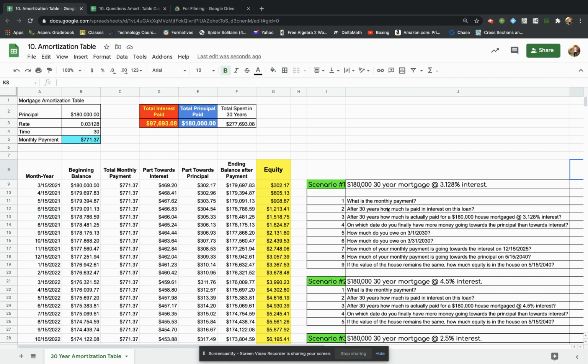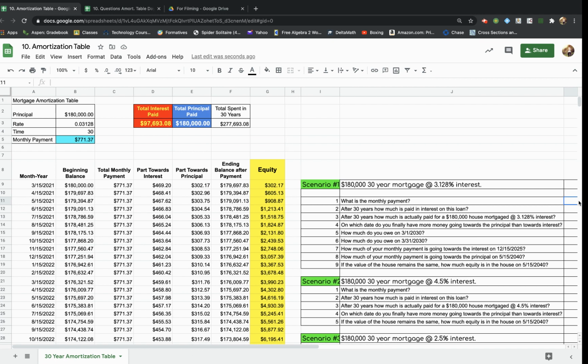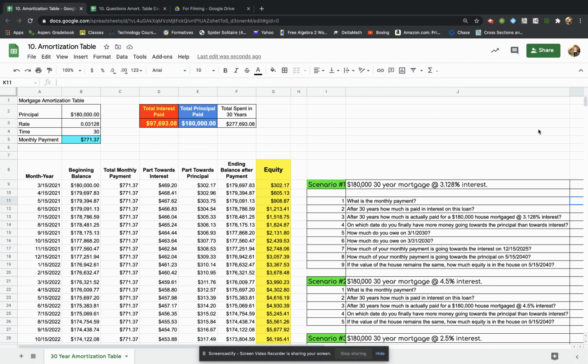Okay, so first question, what is the monthly payment? For this scenario, the monthly payment is $771.37. All right, to answer these questions, we can't just do equals and click on the answer like we normally do because we are going to be changing these values, which will then be changing the table, which then our reference will be changing. So we're going to actually have to type in the numbers.